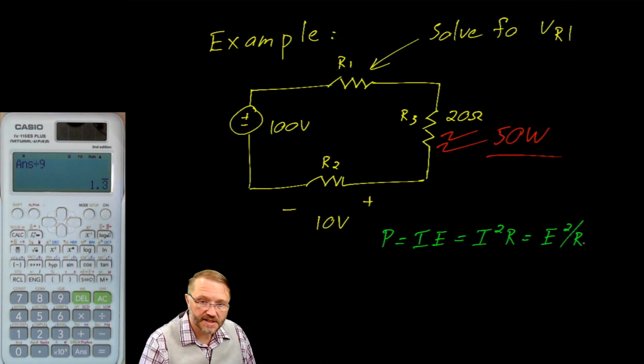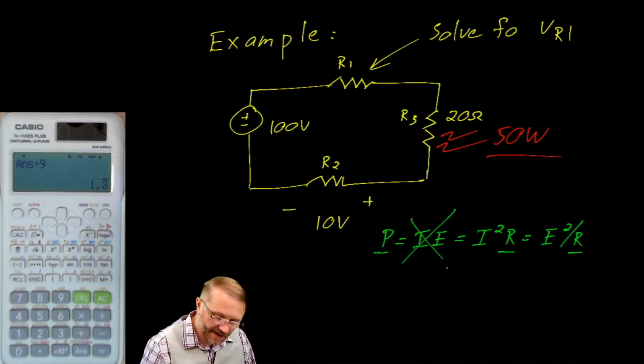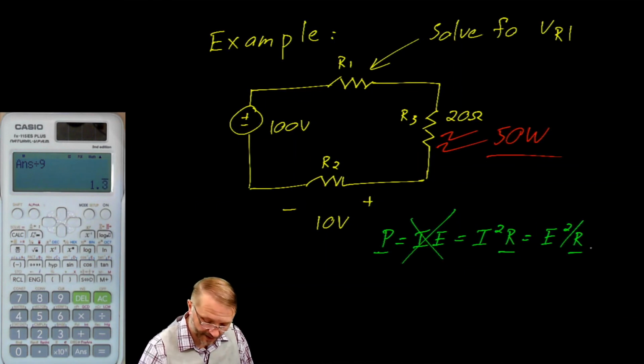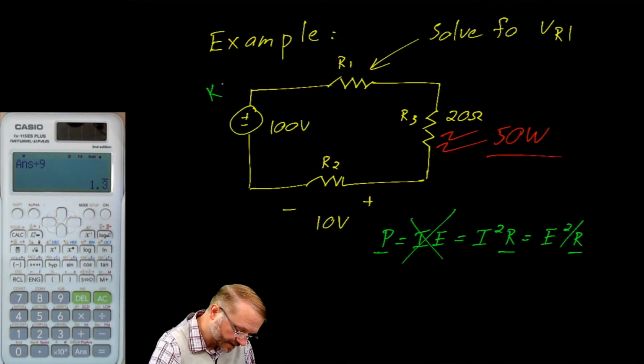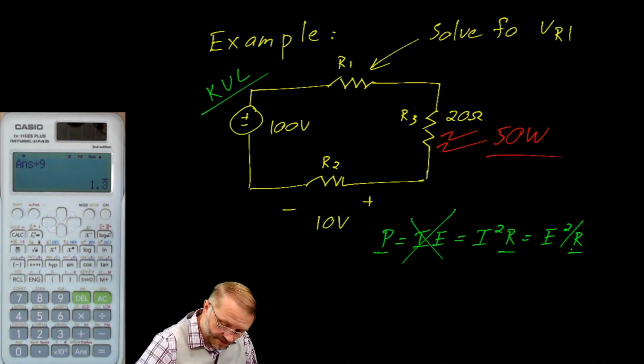In this particular problem, we know power and we know resistance. So we cannot calculate I, but we could calculate I squared R or E squared divided by R. And since we're looking for a voltage and something about KVL, we can use this form here.